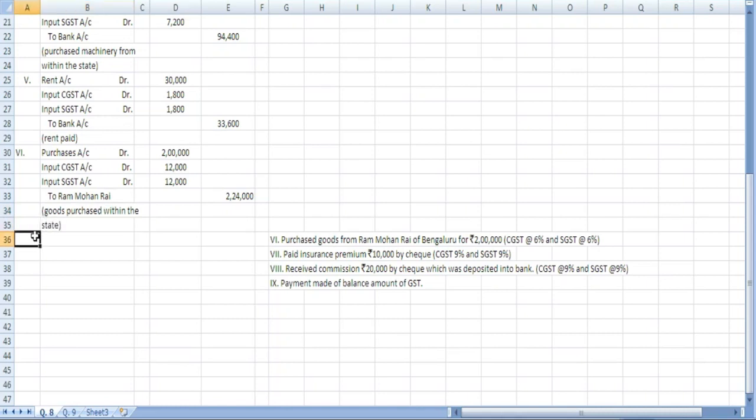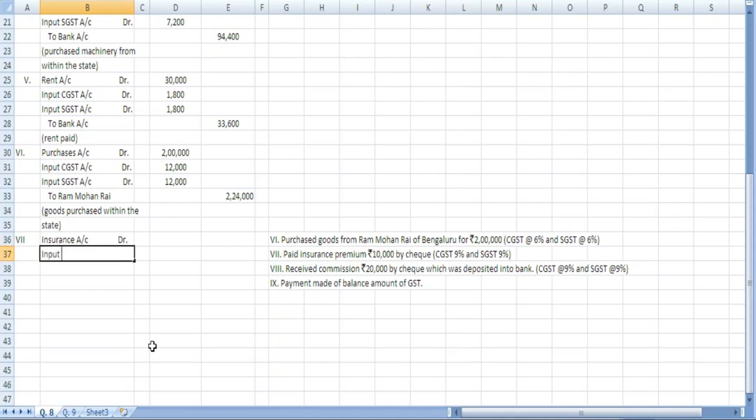Then we have number 7. Number 7 says here paid insurance premium 10,000 by check, CGST 9%, SGST 9%. So insurance account we will debit because we are paying the premium expense, and with this we have to pay some GST also.